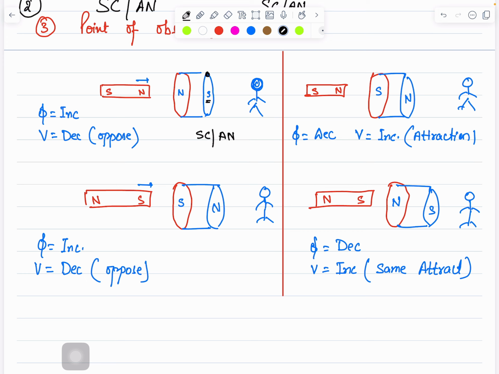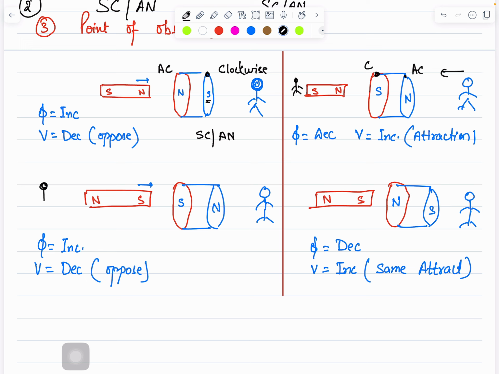It should be clockwise. Yes or no? And what should be the result here? Anti-clockwise. Clear? South clock. If you observe from this position and if you observe from this side, the result is anti-clock. Clear?